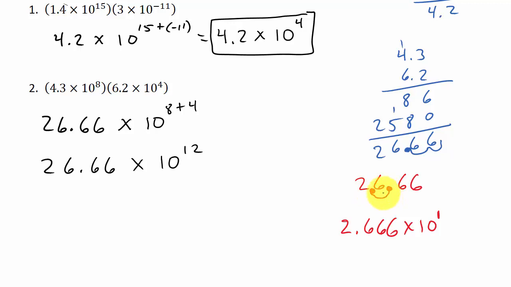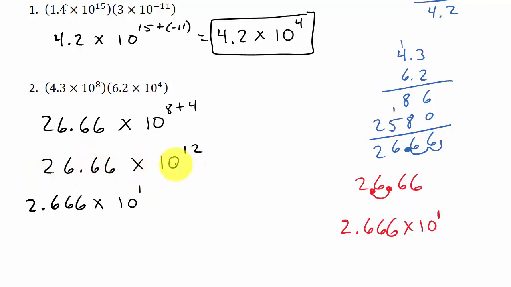I have a video on converting from a number in standard form to scientific notation if you need to check that out. But this would be the 26.66 in scientific notation. So 26.66 is 2.666 times 10 to the first. Okay, that's just this part.